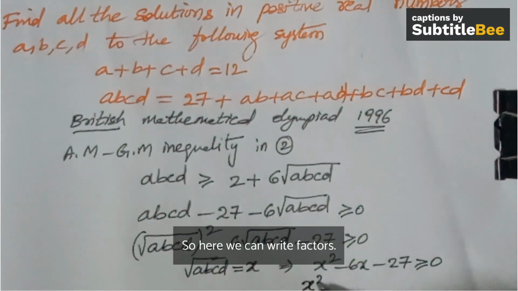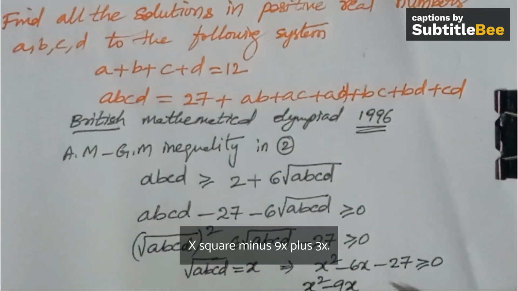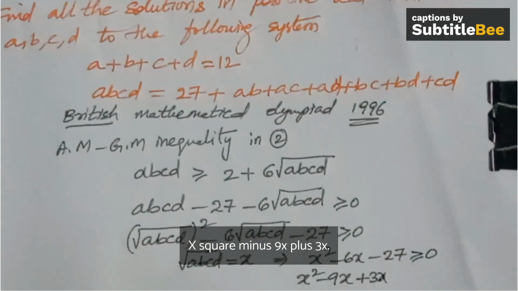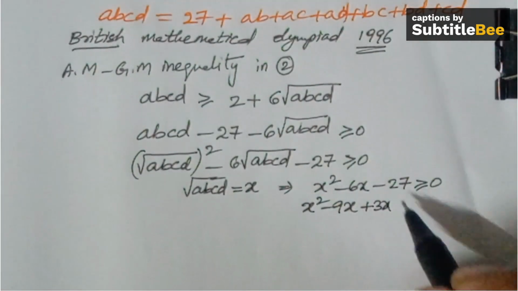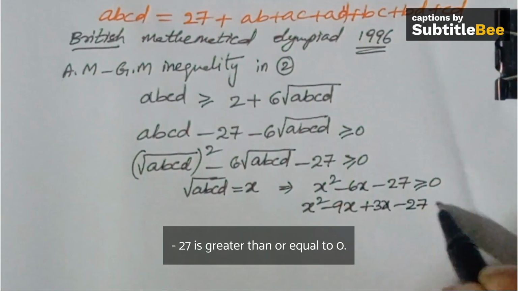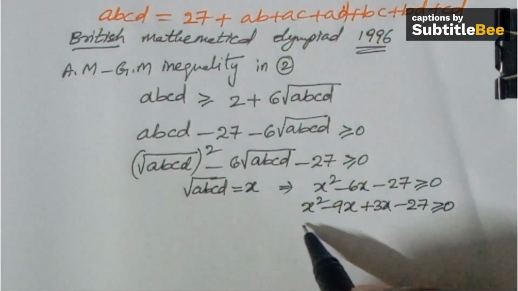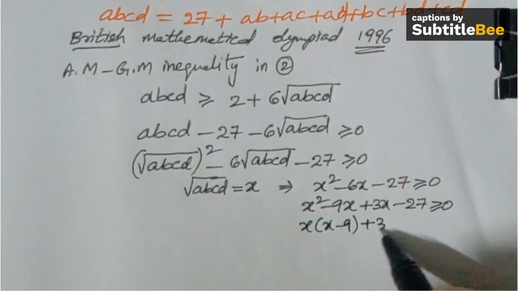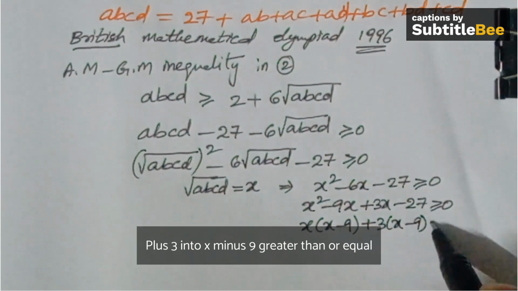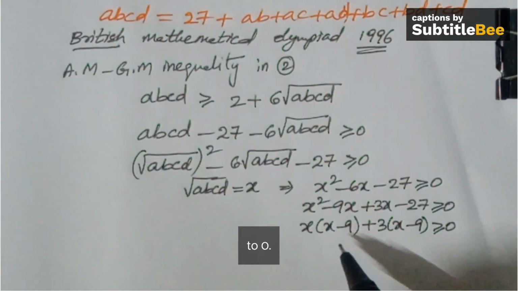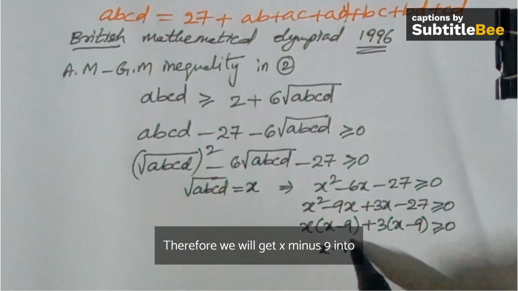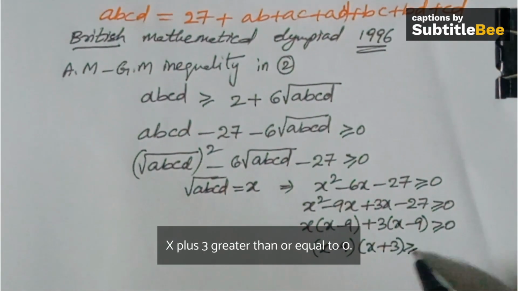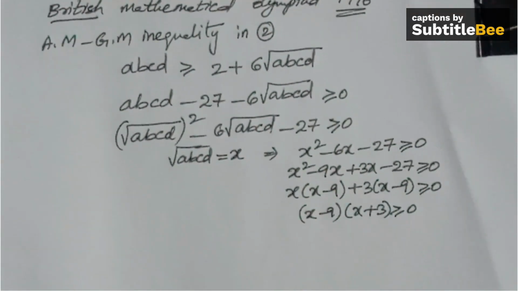So here you can write factors: x square minus 9x plus 3x minus 27 is greater than or equal to 0. So x into x minus 9 plus 3 into x minus 9 greater than or equal to 0. Therefore, we will get x minus 9 into x plus 3 greater than or equal to 0.